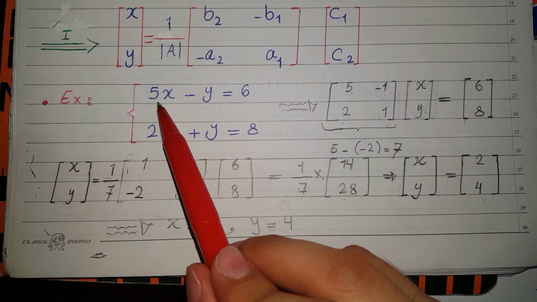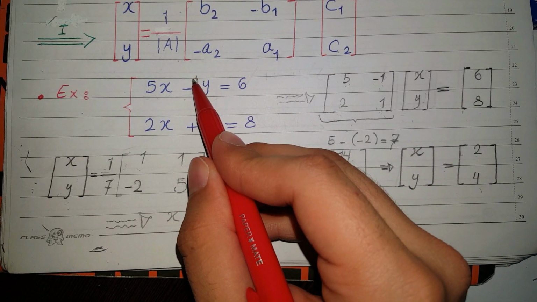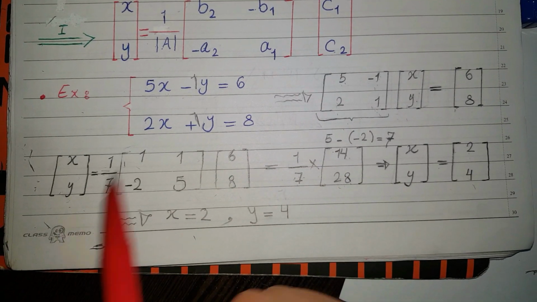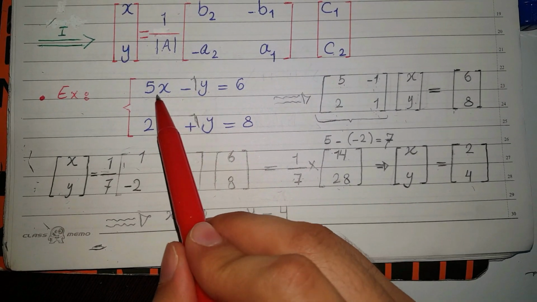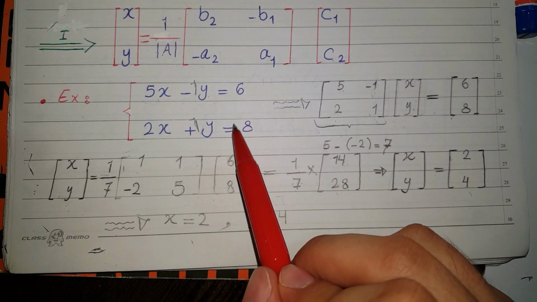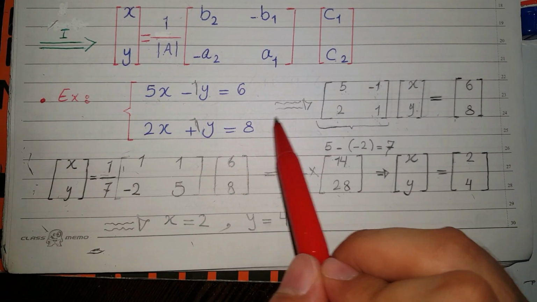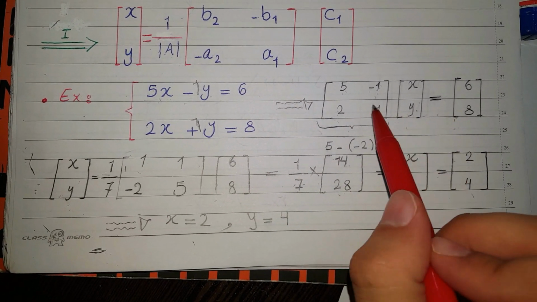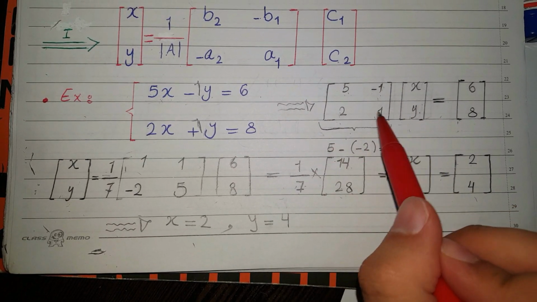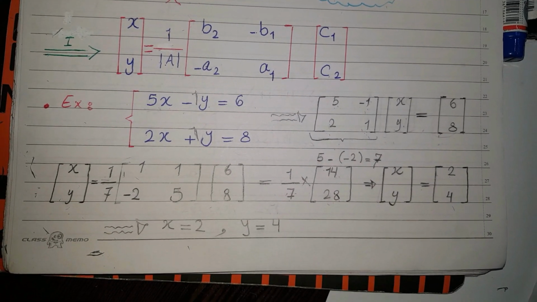The matrix of coefficients is 5, -1, 2, 1, and our unknowns are x and y, so the vertical matrix of our unknowns, x and y, equals the vertical matrix of our constants, which is 6 and 8. So we only need to find the inverse of the matrix of coefficients and multiply it by the vertical matrix of our constants to find our x and y.